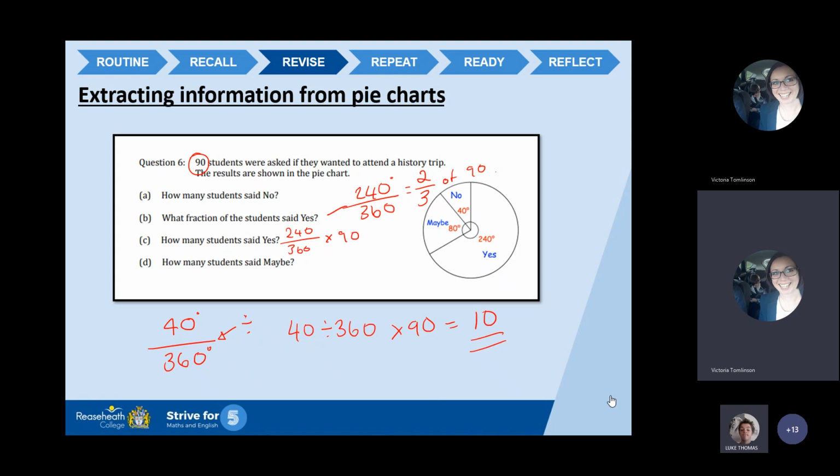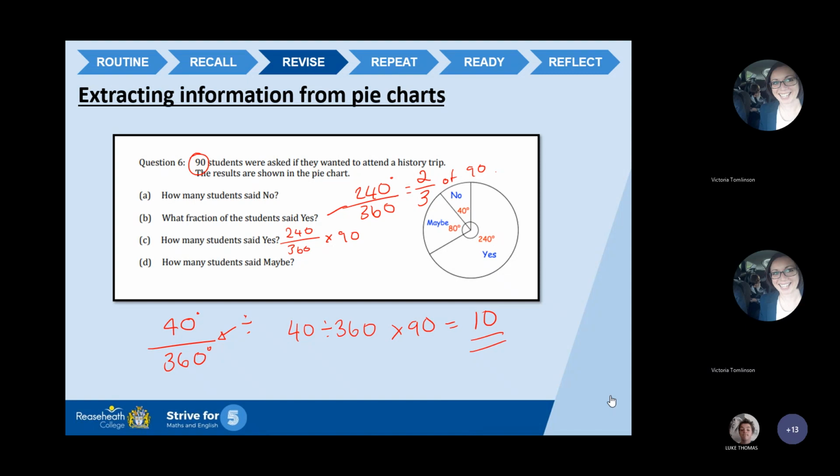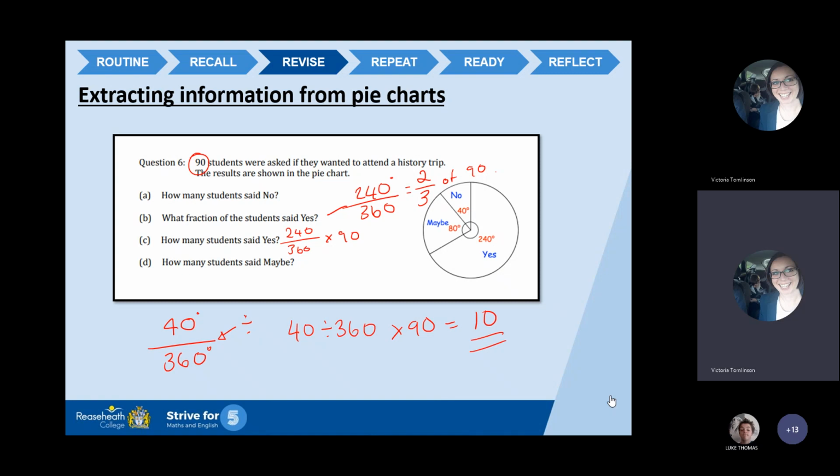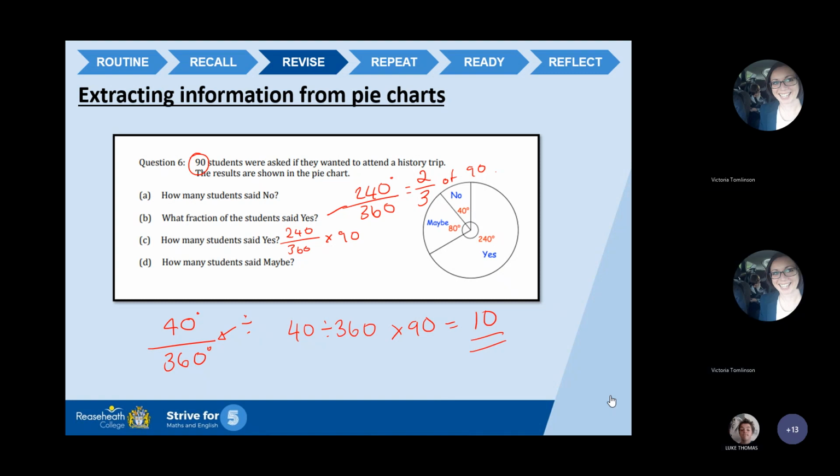It's 60 degrees, so you need to do 60 out of 360, or 60 divided by 360, and then times it by how many students in total, which is 80. Okay, does that make sense? It does now, thank you. Good, good.